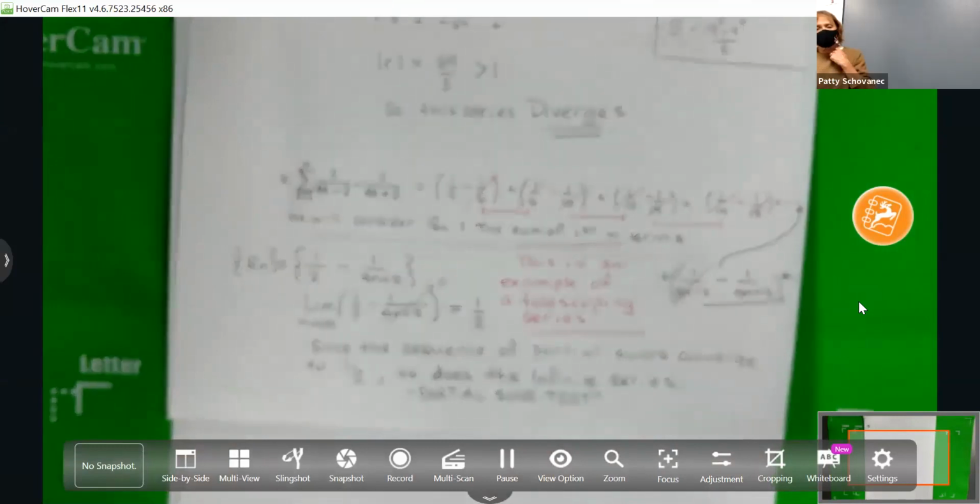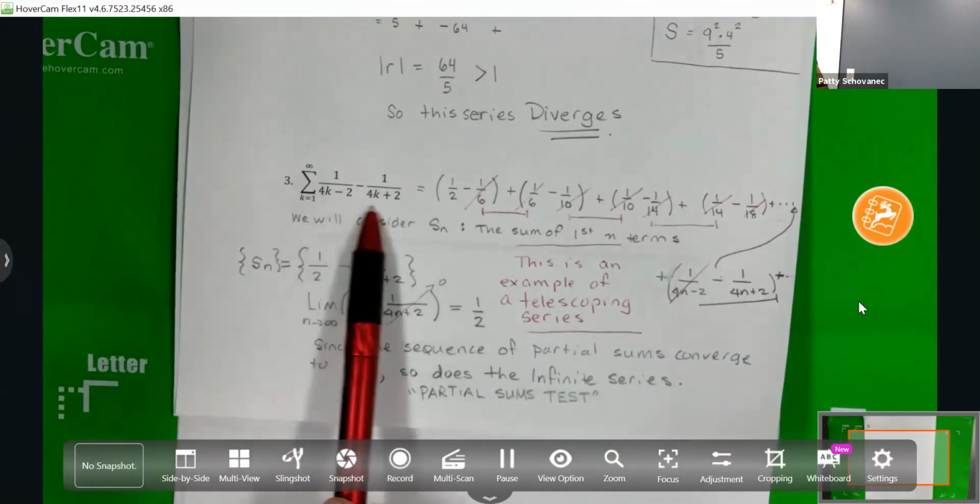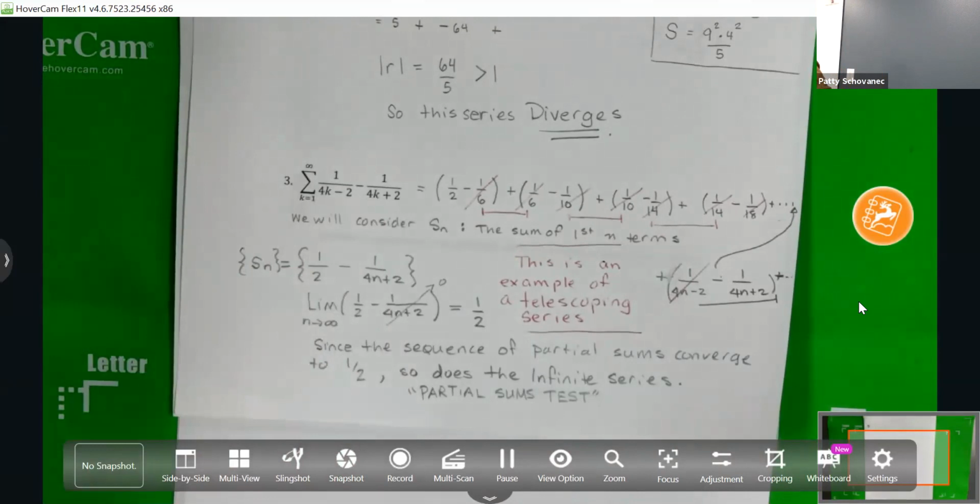If you happen to have a telescoping series or one that you suspect to be telescoping, then you can do this partial sums test. But they don't always blatantly look like this. What was unusual about this is that I had two separate fractions. But what if I had this written as a single fraction? Well, that's no problem.